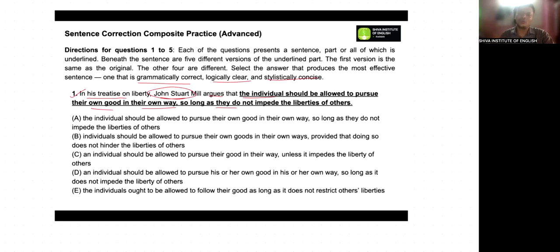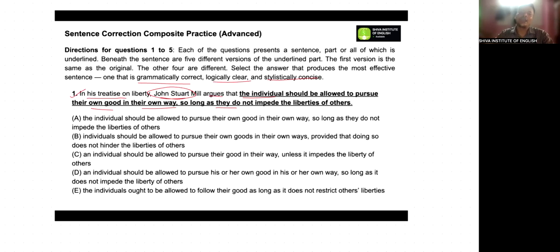We'll try to know the meaning of this statement, understand what the question is saying here, what each option means, why the correct answer is the best, and why the other options are wrong, right?